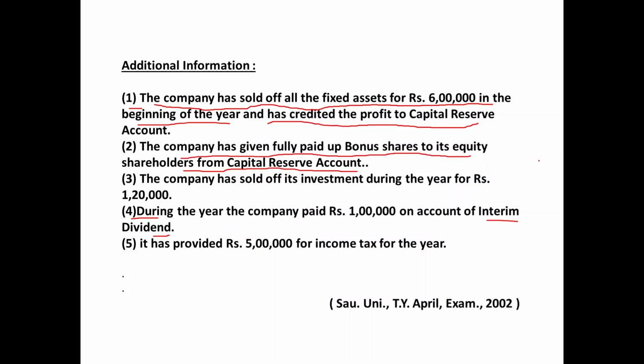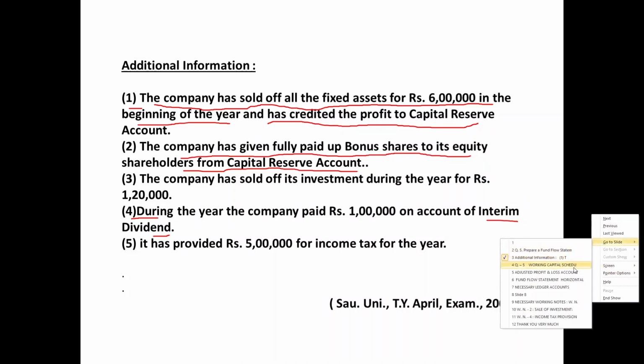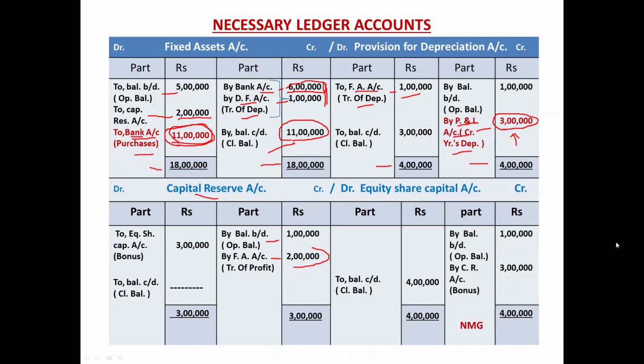of bonus issue. So how can we decide the amount of bonus that has been given? Let us verify the capital reserve account, if we can find any clue from that account. This is the capital reserve account, opening balance of 1 lakh rupees. Then we got rupees 2 lakh in the form of transfer of profit incurred on sale of fixed assets.